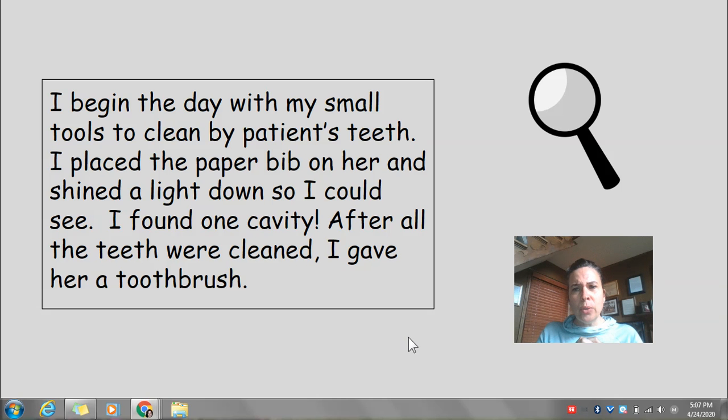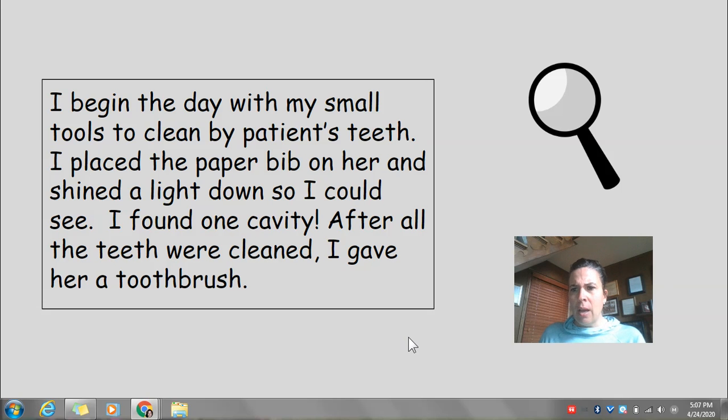What are my clues here to let me know who I'm talking about? Well, they're talking about a patient's teeth. And what kind of a person looks at someone's teeth? Oh, I think I know. Any more clues? A paper bib. Oh, a cavity and a toothbrush.